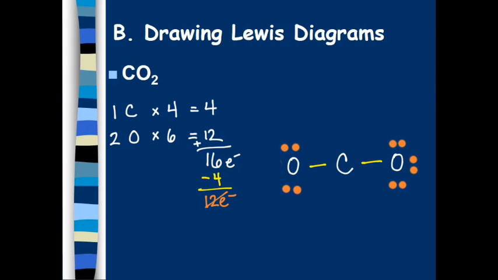I am now going to make a dash between that oxygen and carbon. So I pulled 2 dots and replaced it with a dash. I didn't add extra electrons. I just rearranged it. So around oxygen, I still have 8. 4 dots, 2 dashes, that's 8 total electrons. But around carbon, I went from 4 to 6.